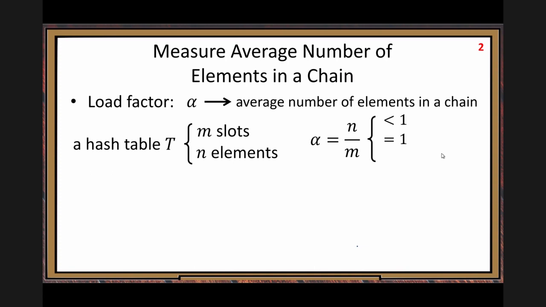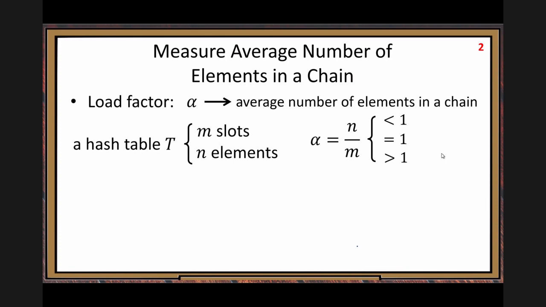Greater than 1 is allowed, because we just grow our linked list. So an alpha greater than 1 is also allowed, but you expect to have a little more collision problem.